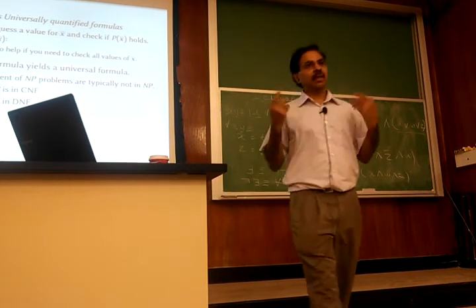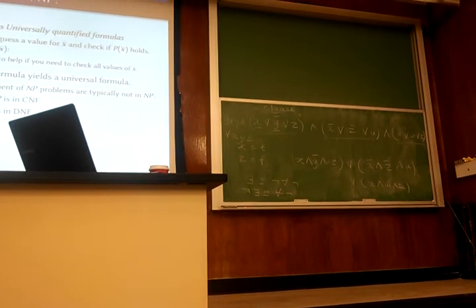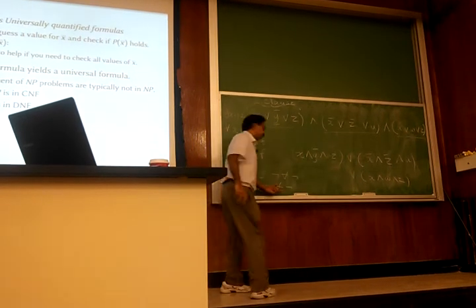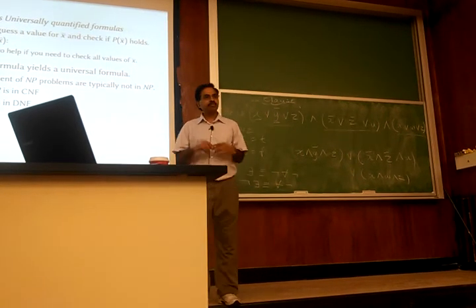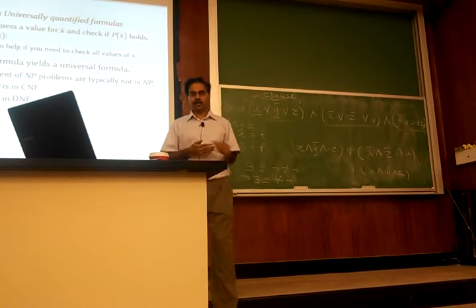This is why when I take an NP problem and say there's no solution, that's equivalent to proving a for all formula to be true, which means that I need to somehow try every possible value.